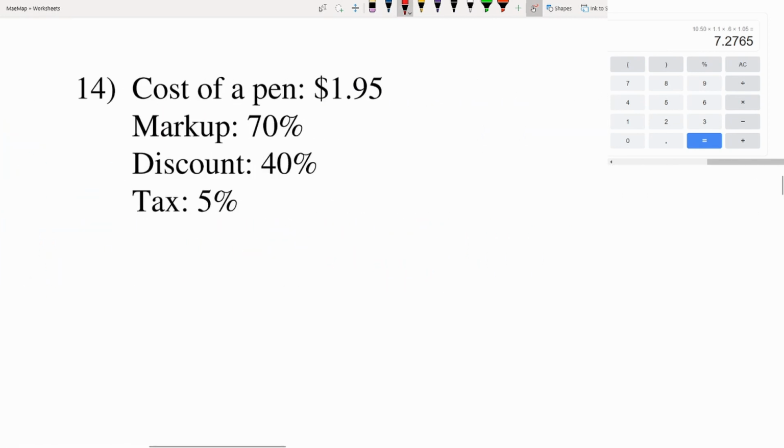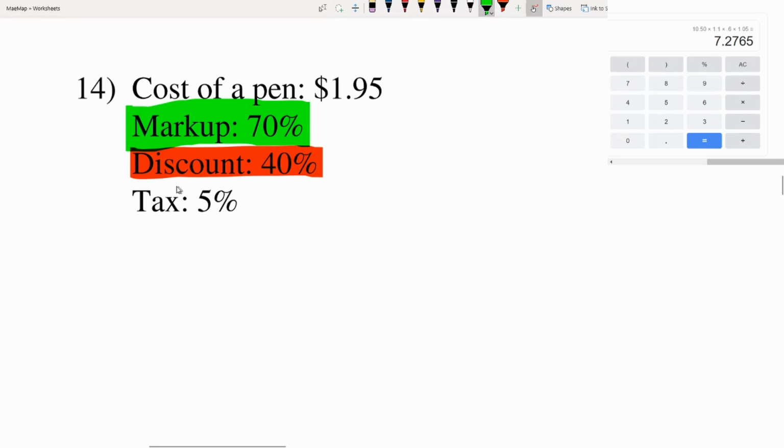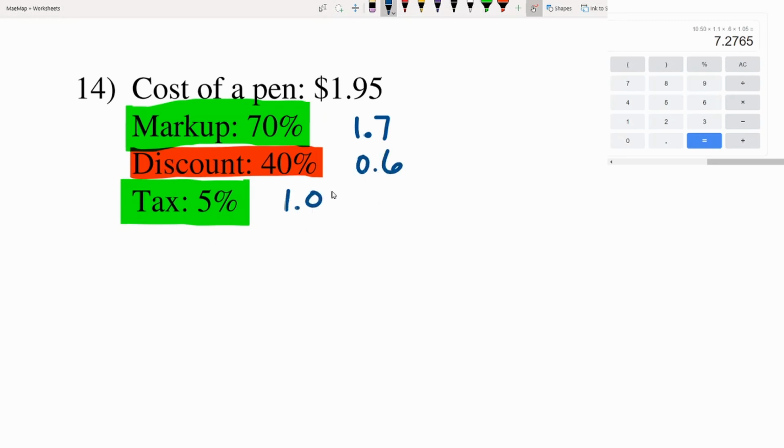And number 14, a pen is a little less than $2, but we're marking it up 70%, then discounting it 40%, and then taxing it 5%. So a markup of 70% will multiply by 1.7. To discount, 1 minus 0.4 is going to be 0.6, and then the tax, that's going to be 1.05 for a 5% tax when we multiply it out.